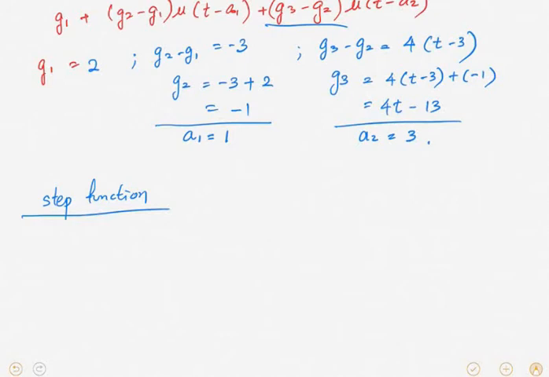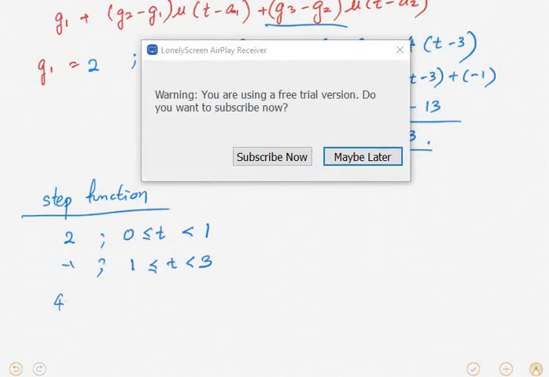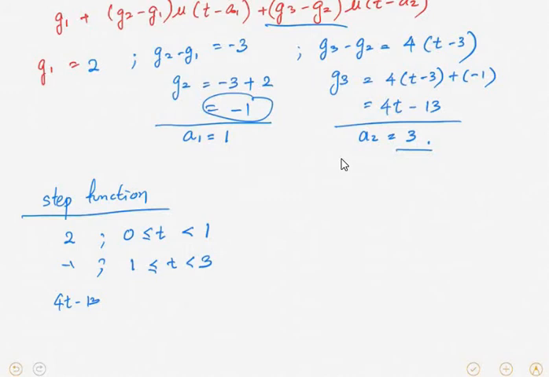Alright, so write it as a step function. Your 2 is for t from 0 to 1, and then negative 1 is for 1 to 3, and then you have 4t minus 13 for t more than or equal to 3.